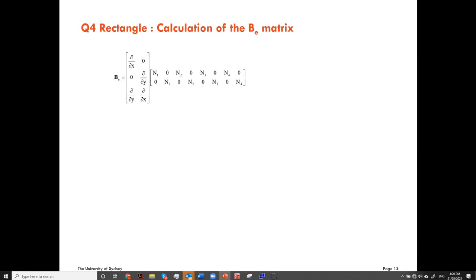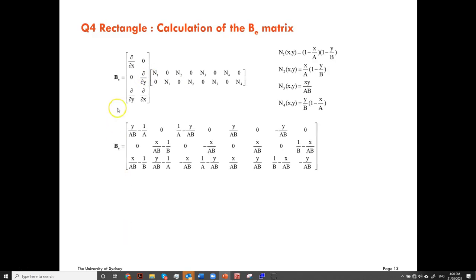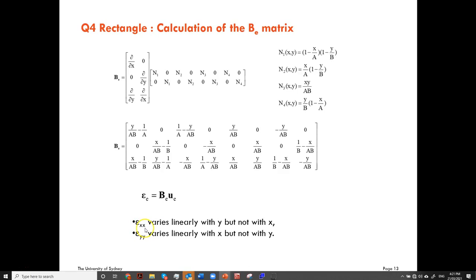The B matrix can be calculated by applying the same operator to the shape functions given here, so the calculations are a bit more complicated. So the B matrix is given here. This matrix is not constant anymore in this element. It depends on x and y. In particular, since this B matrix is not constant, and the strain is calculated by these equations, you can see that the axial strain in x will change with y, but it is going to be constant in x.